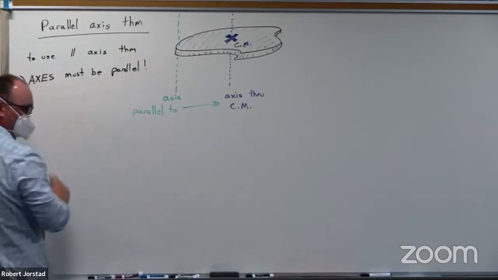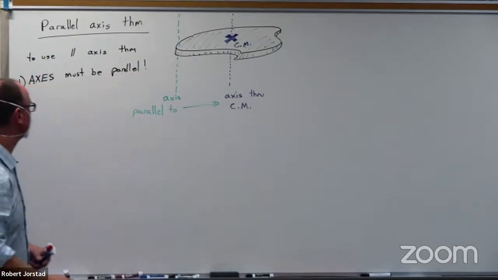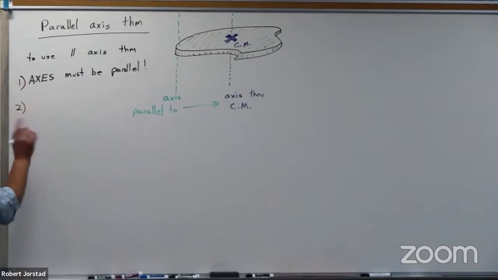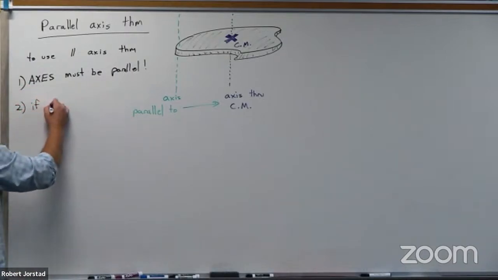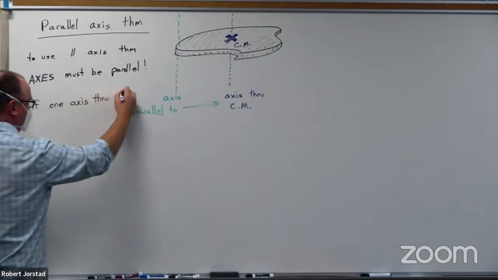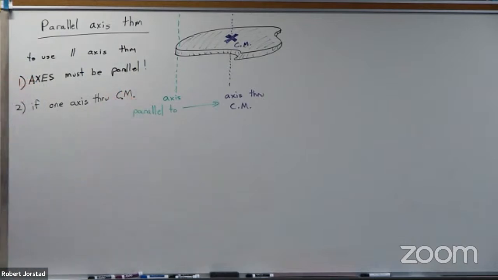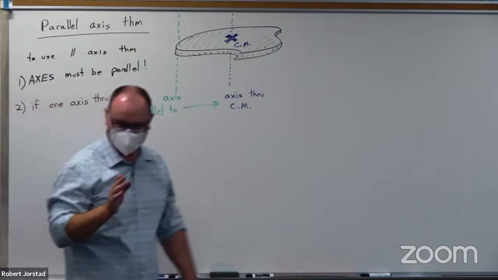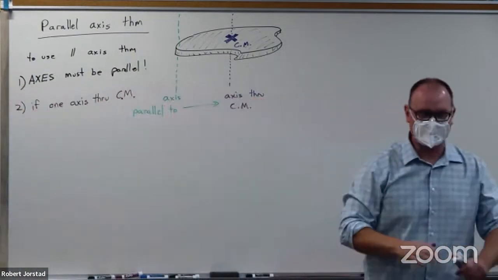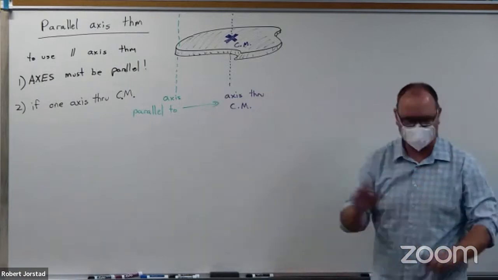Okay, that's number one. Number two, it only works if one axis is through the center of mass. Another common mistake is people take 2 axes that are parallel to each other, but neither one goes through the center of mass. You need these 2 things to be true. Enough said?